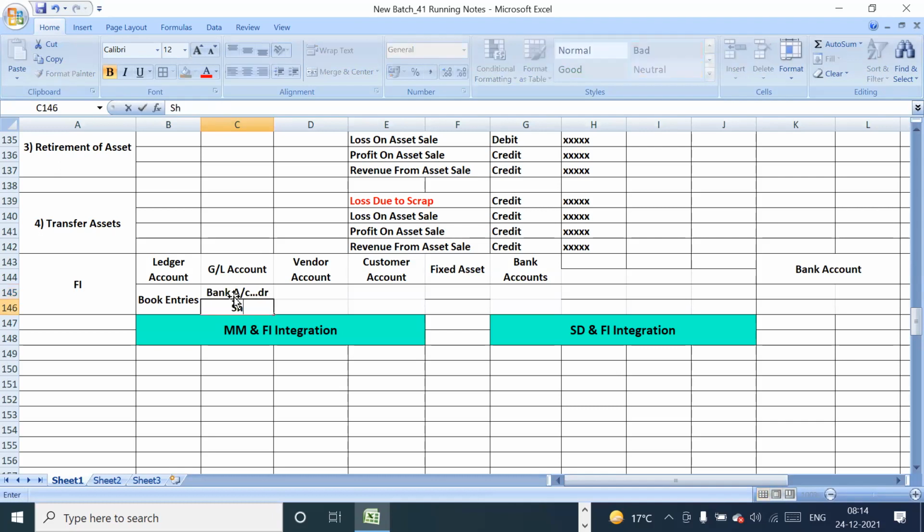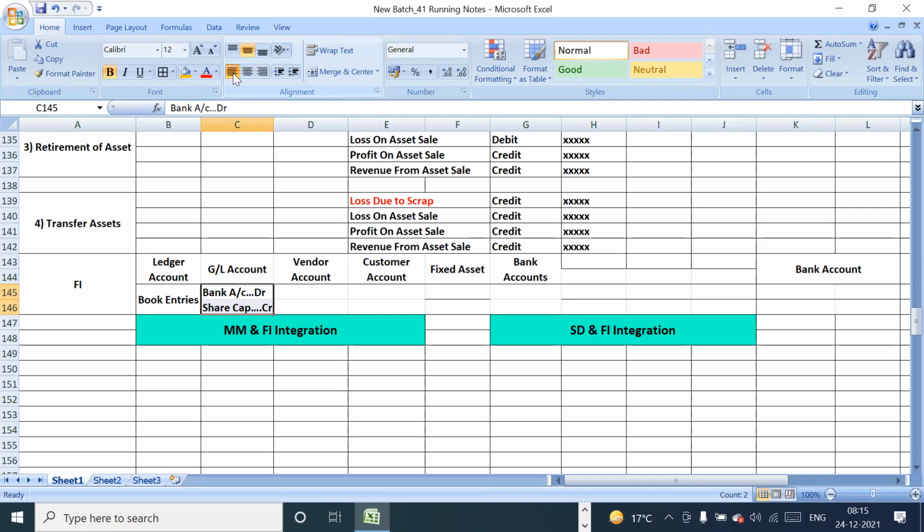What will be credit? Share application money, share capital credit, right? Whatever amount we are going to invest, that much amount we give as debit and credit. Then further we can do some other activities with bank.